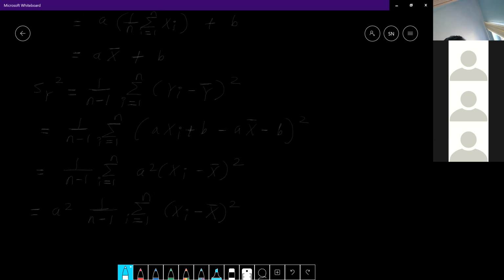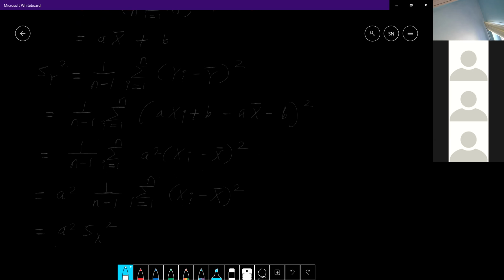Now we know that this term here is exactly the sample variance for the x's, right? So what we have shown is that the sample variance for the y's is equal to a squared times the sample variance for the x's. Do you follow me or no? Any questions, guys, so far? Please.